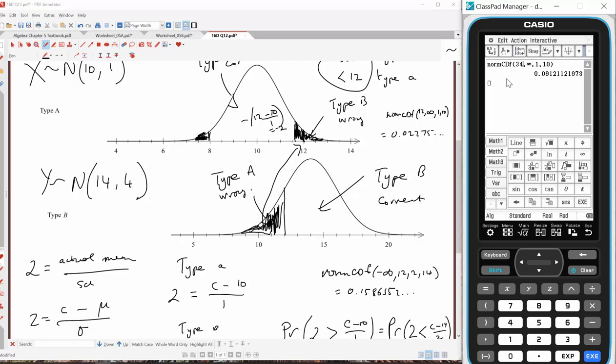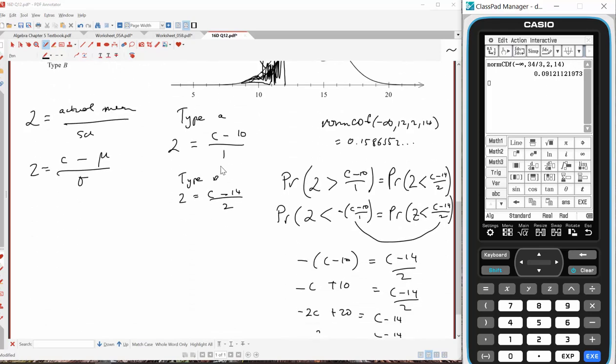So I'm going to go from negative infinity all the way up to 34 on 3 or 11 and 1/3 on this particular distribution, which has a standard deviation of 2 and a mean of 14. And let's hope that this comes out as exactly the same probability. If it doesn't, I'm in some strife. Banger.